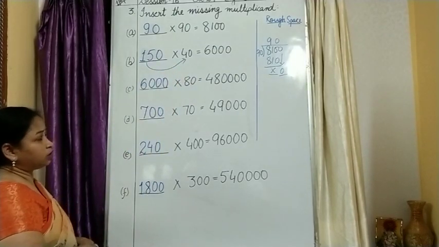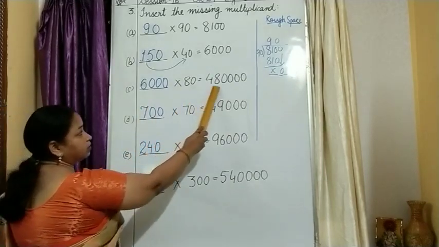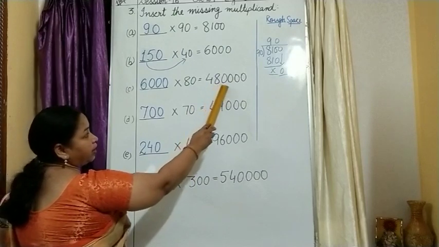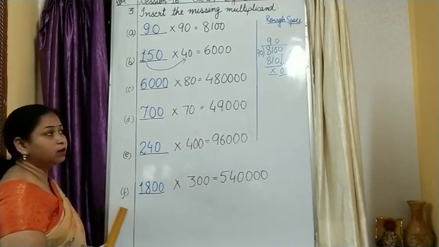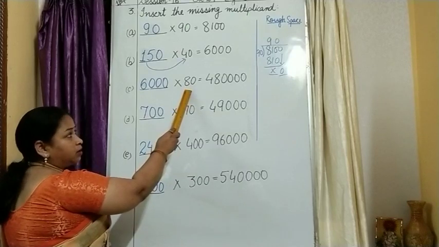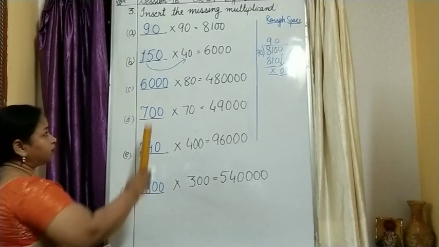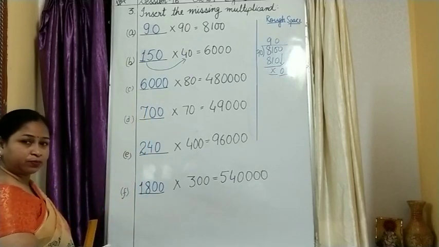Then question number C. Dash multiplied by 10 gives us 48, and here how many zeros are there? 4 zeros are there. What should you multiply to 8 in order to get 48? 8 6s are 48, right? So I have written 6 over here, right?